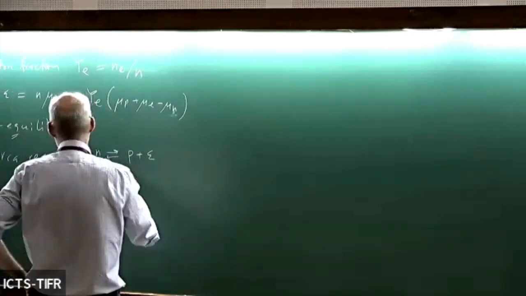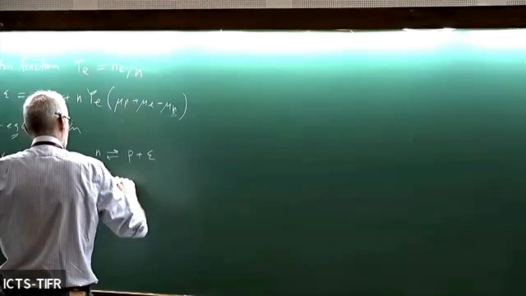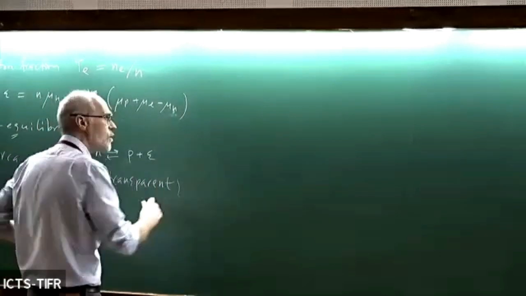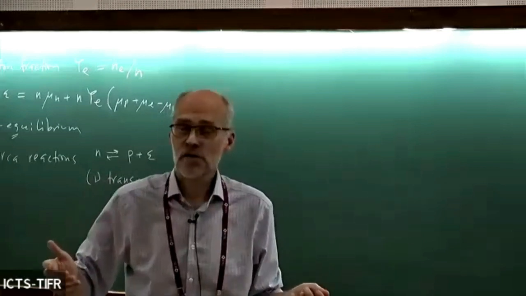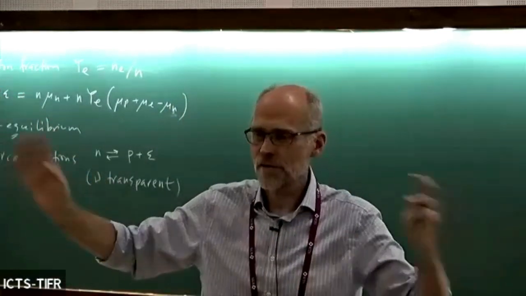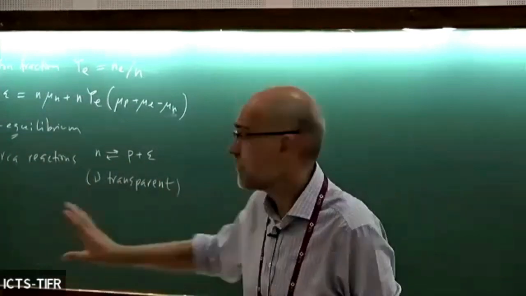So this is assuming it's the easiest. If the matter is cold, which we assume, then it's transparent to neutrinos, so the neutrinos just leave or come in, whatever, you can just ignore them, okay? They leave the system. So I'm just left with this.